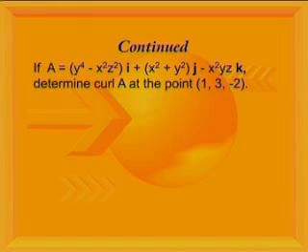And we have to find the curl of this vector A, and the value of that at the point (1, 3, -2). I mean x is equal to 1, y is equal to 3, and z is equal to -2.